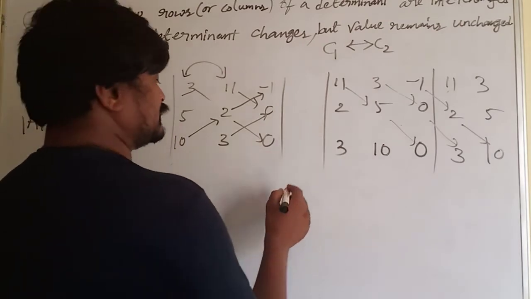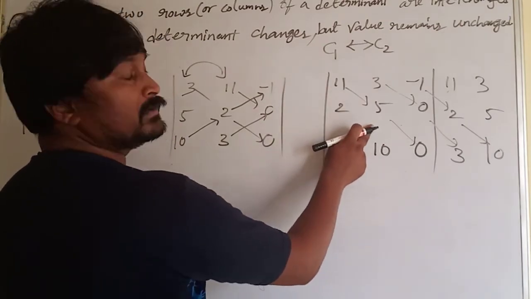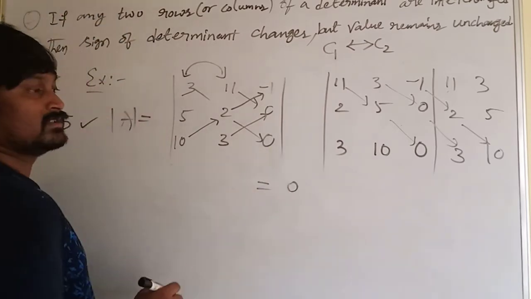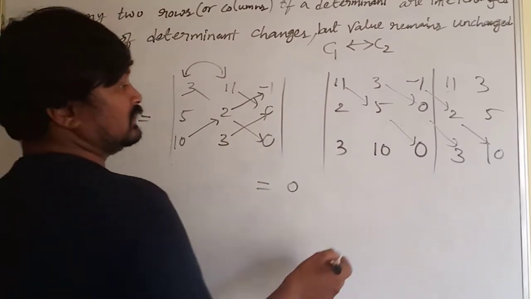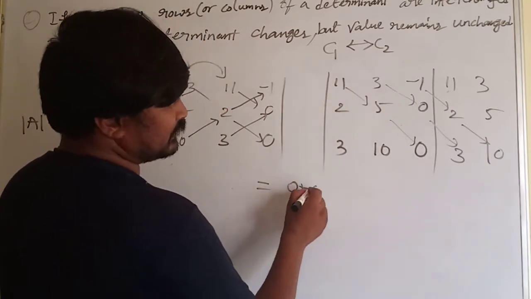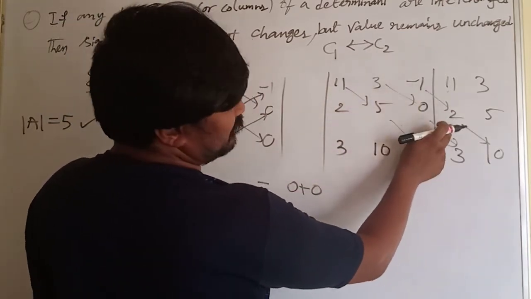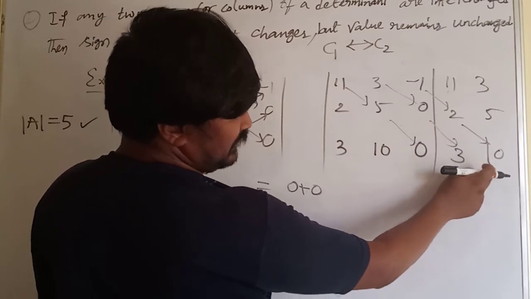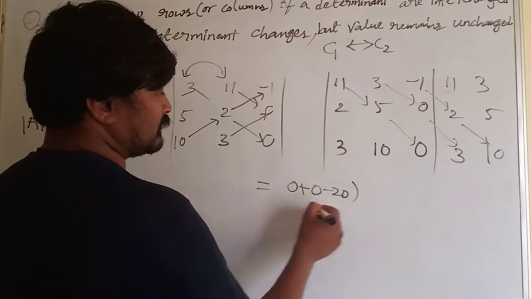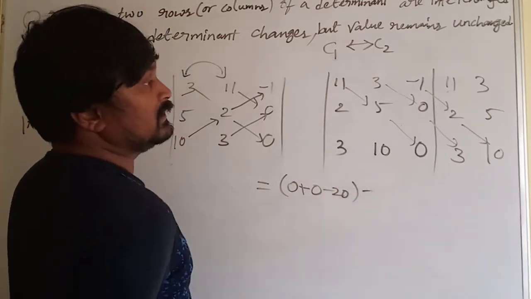So what do we need to do? 11 into 5, 55, 55 into 0, 0. After interchanging, 3 into 0, 0. Minus 1 into 2, minus 2. Minus 2 into 10, minus 20. Minus symbol.